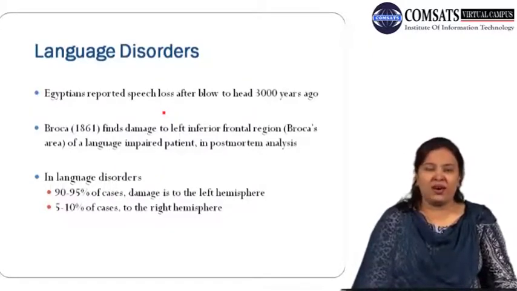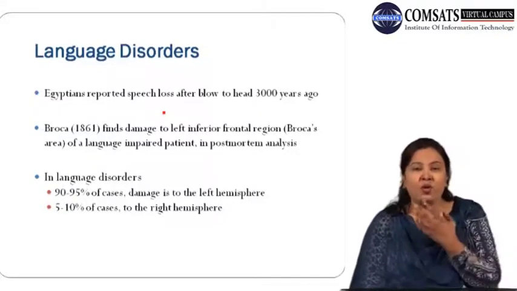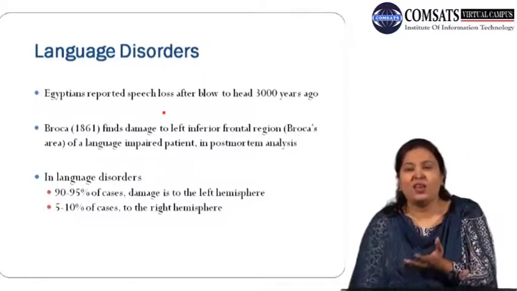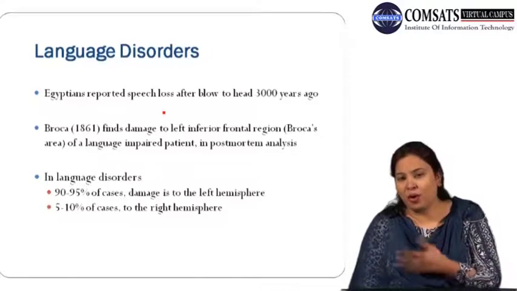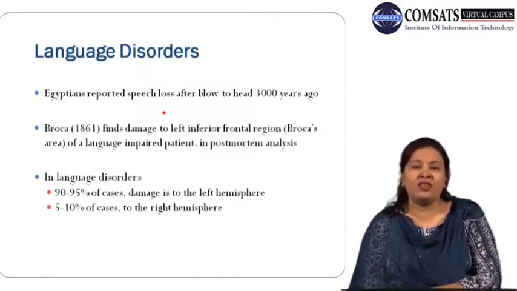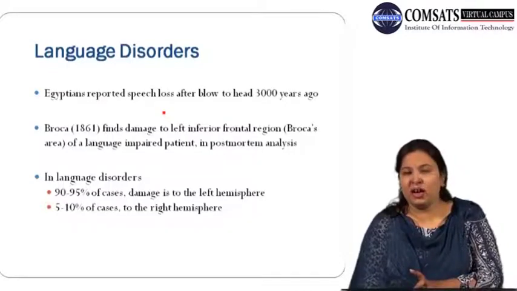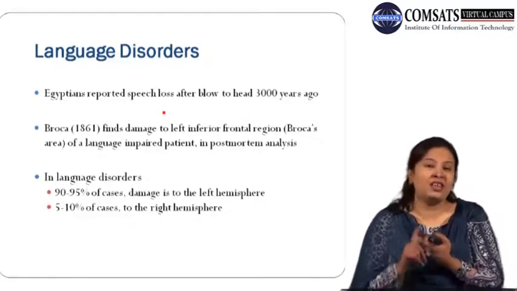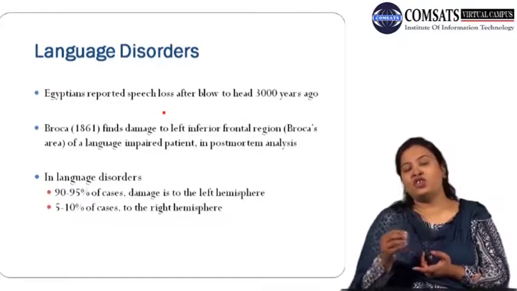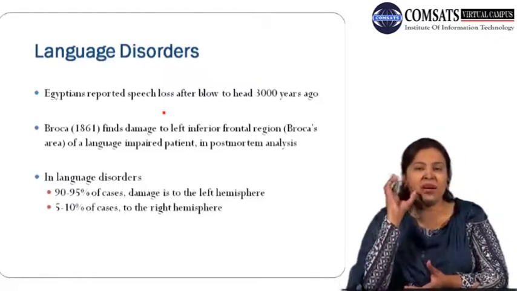While performing post-mortem analysis in 1861, Broca discovered that when people who had language disorders had their bodies examined post-mortem, the left inferior frontal region of the hemisphere was damaged. As I told you, these were observations of researchers that have made it known that language resides in this part of the brain.